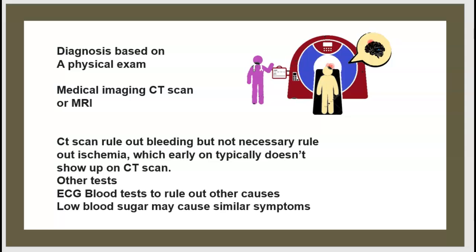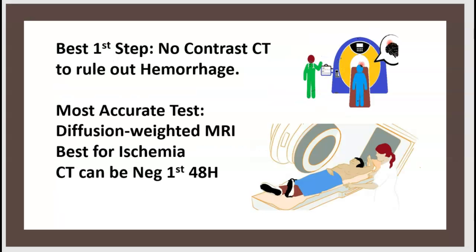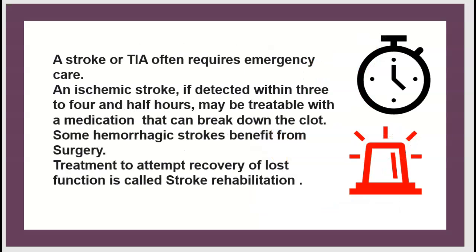It's a differential. Best first step: non-contrast CT to rule out hemorrhage. Most accurate test: diffusion weighted MRI, best for ischemia. CT can be negative during the first 48 hours.